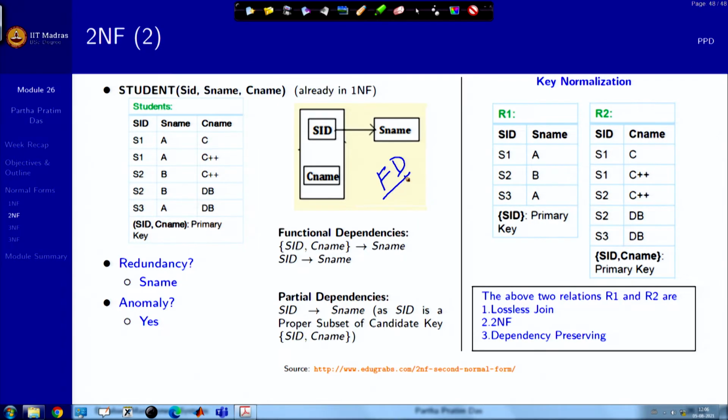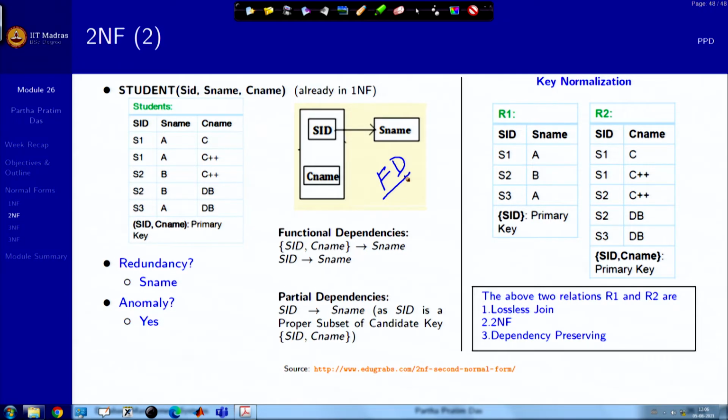That is, student ID determines student name, and student ID and course ID together is a key, right. Now, is there an anomaly? Obviously, there is a possibility of anomaly because you have multiple entries of the student's name.